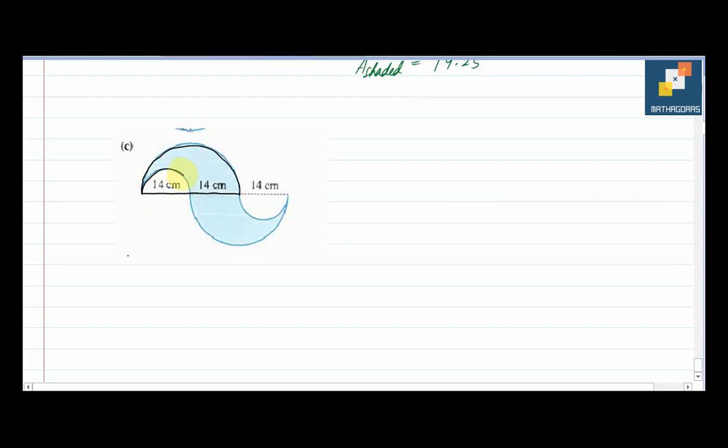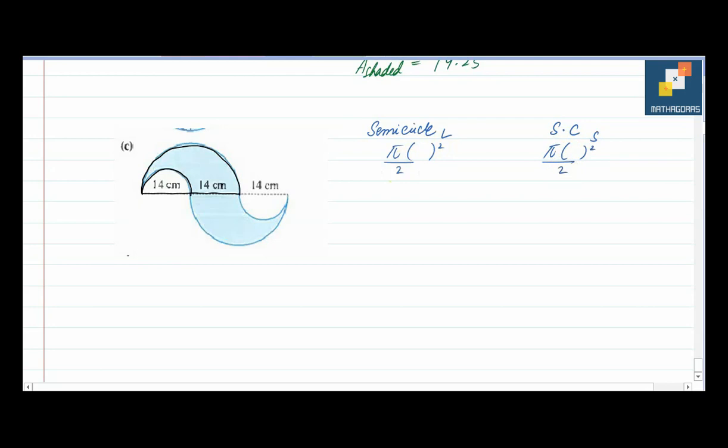This portion only. And if I highlight this portion, what shapes am I observing here? Basically there are two semicircles, right? Semicircle and semicircle. Why do I write 2 times? Because the radius is different. So a larger semicircle and a smaller semicircle. The working formula is pi r square divided by 2, same pi r square divided by 2.